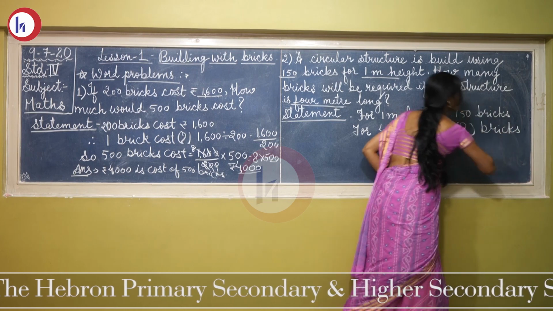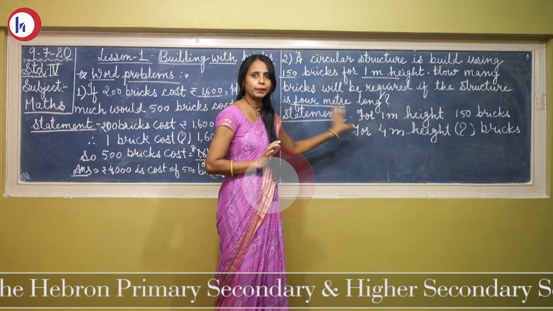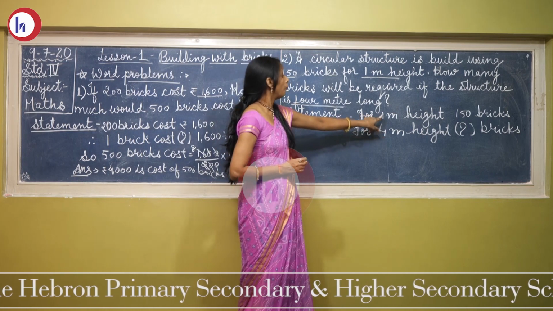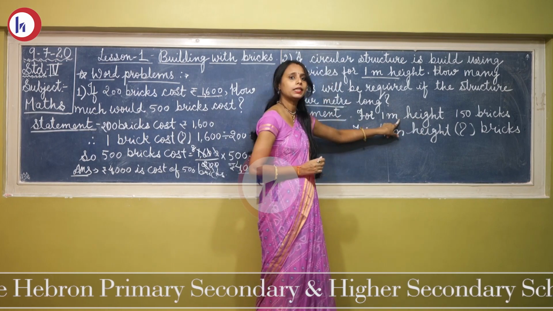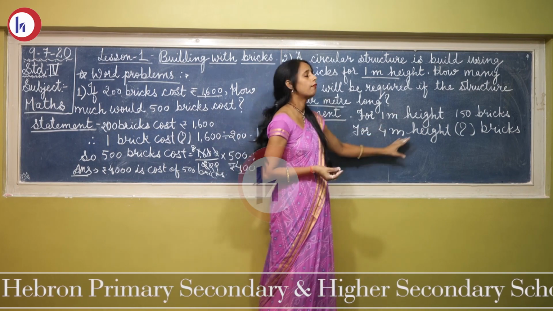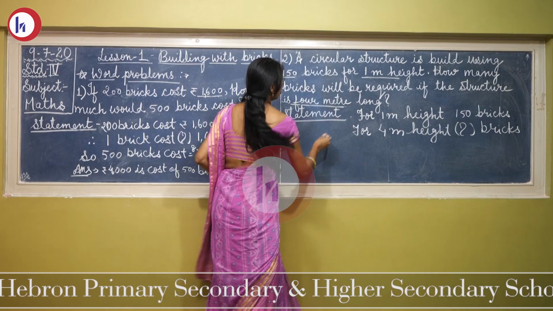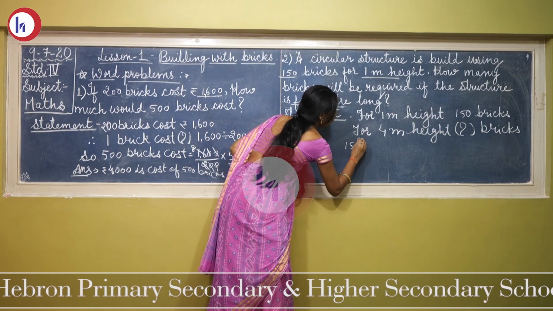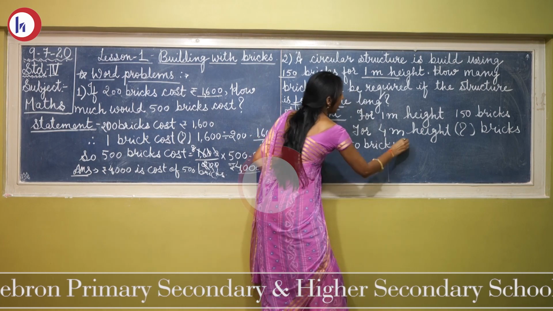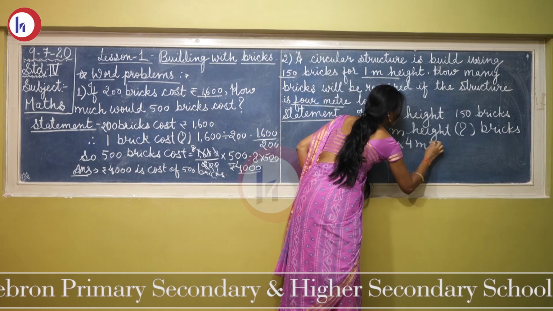So in this question we have to do multiplication, because the value for 1 meter is given and the value for more than 1 is being asked. So we have to do multiplication here. So 150 bricks multiplied by 4 meters.